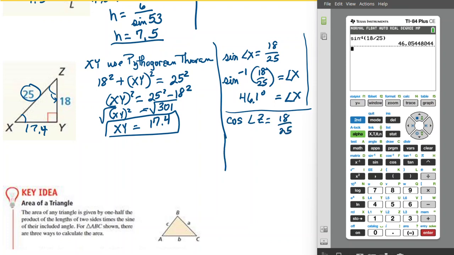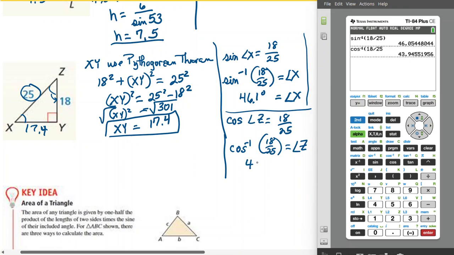So I'm going to do the inverse, cosine inverse of the 18 over 25 is equal to the measure of angle z. I'm going to hit second cosine, and in the parentheses I'm going to enter 18 divided by the 25, and I get 43 and 9/10 degrees equals angle z. All right, we're doing very well.